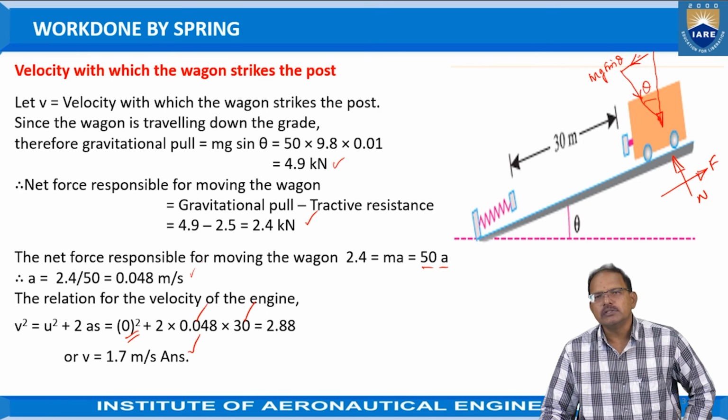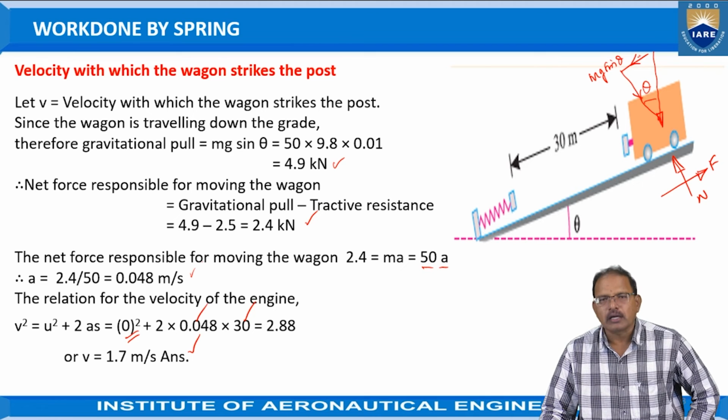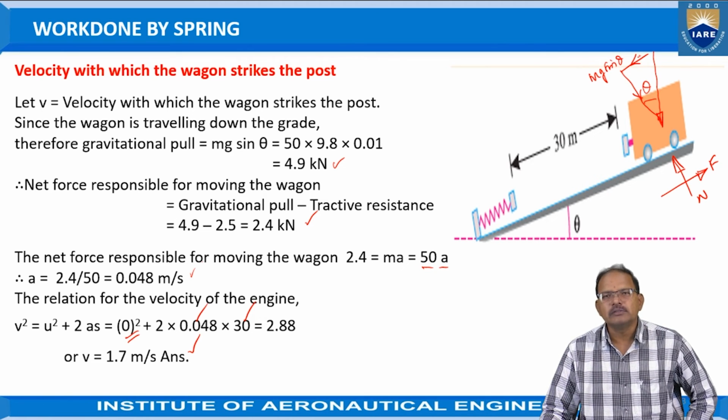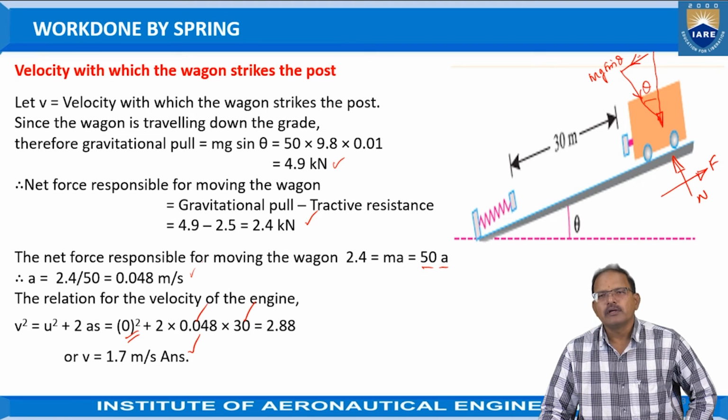Here we are just using two equations. One is F is equal to M into A, where F is the resultant force responsible for moving the wagon in the downward direction, which is equal to the difference of mg sin theta, the sliding force, or sometimes called pull force, and the friction force which is opposing it.